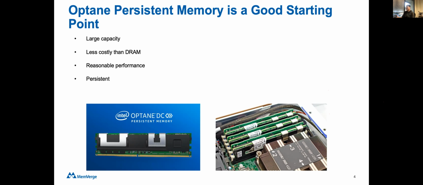This is the first in-production persistent memory. You can persist data inside the memory, and you can recover instantaneously if you do it in the right way. Okay. But unfortunately, you already know that this product will be discontinued. It's still being offered by Intel, but it will be discontinued in the future.